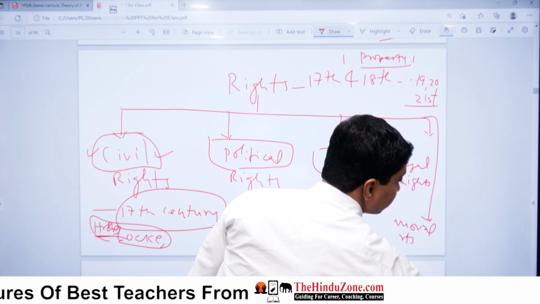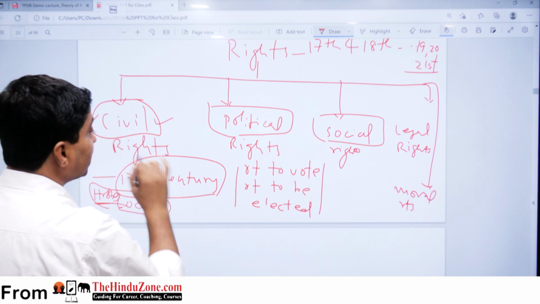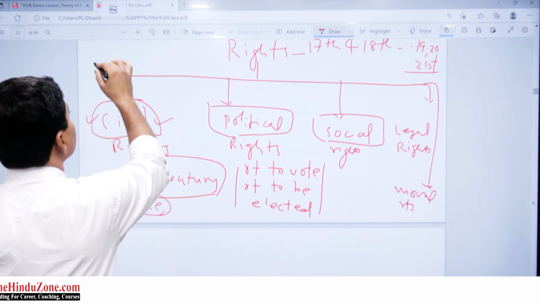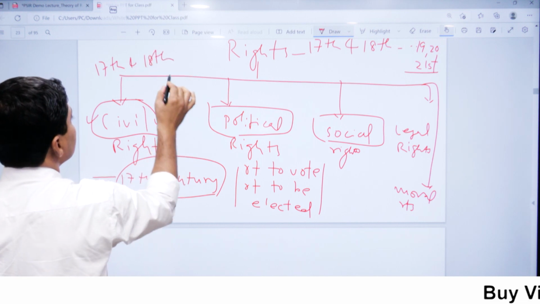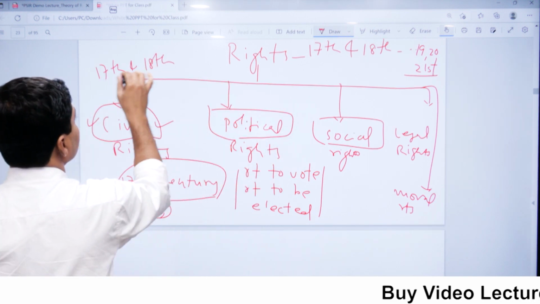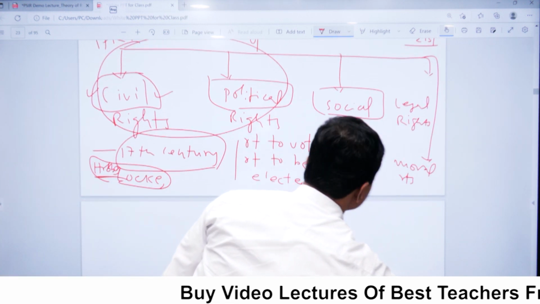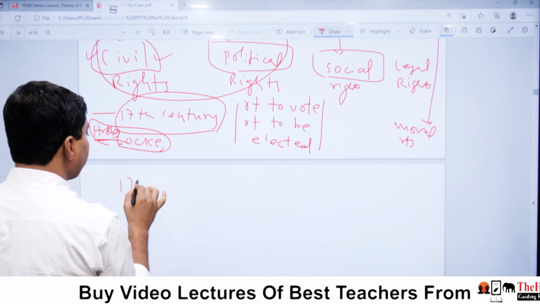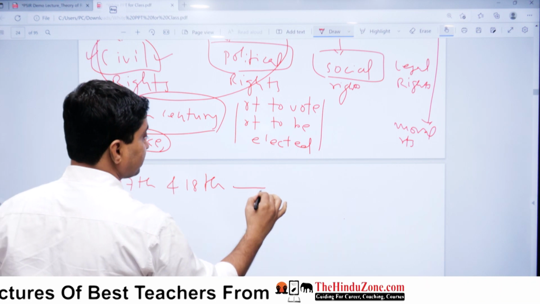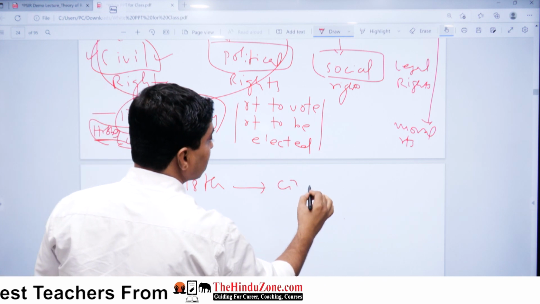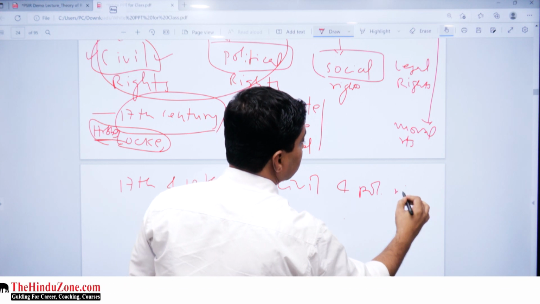So in the 17th and 18th century, civil and political rights evolved.